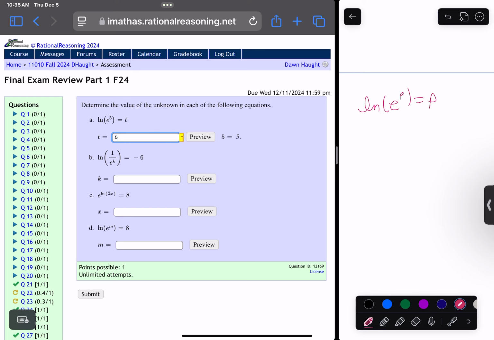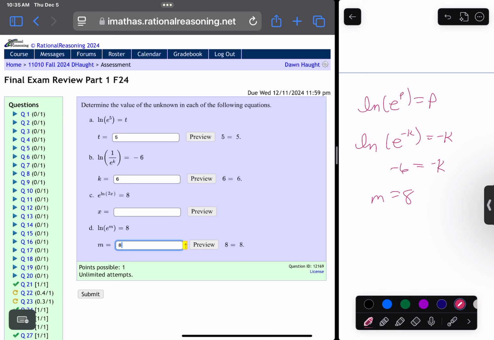Now, we can use the same trick for B, but just remember that would be e to the negative k. So our answer would be negative k. So we get that negative 6 equals negative k. So k equals 6. And then this one, we would get that m equals 8. So those ones are pretty nice.